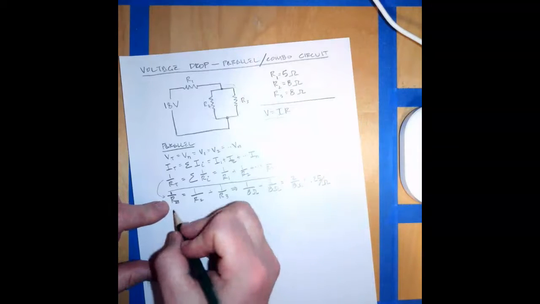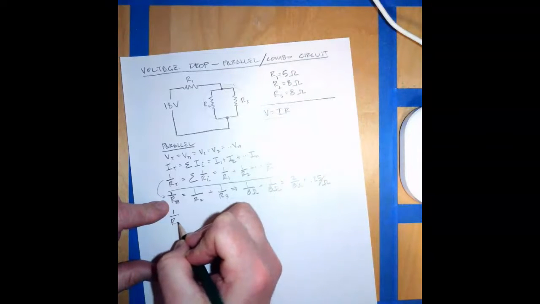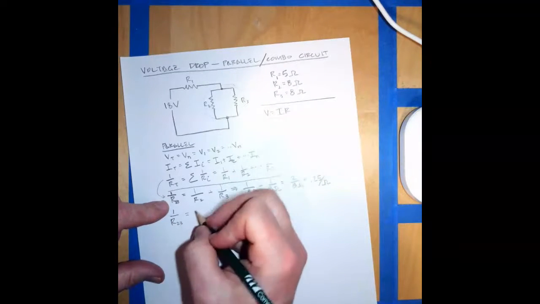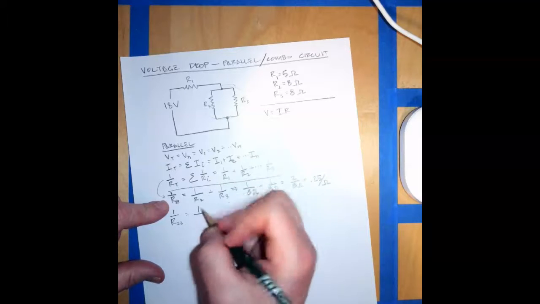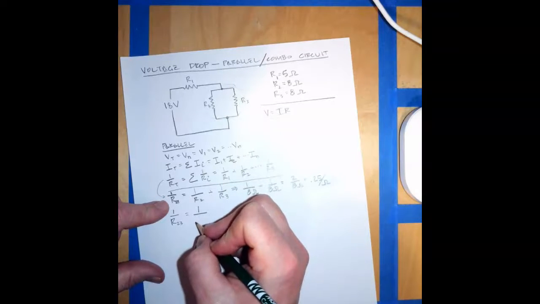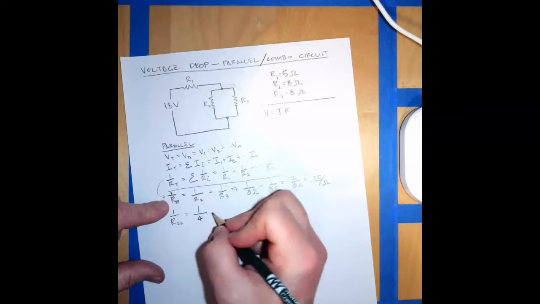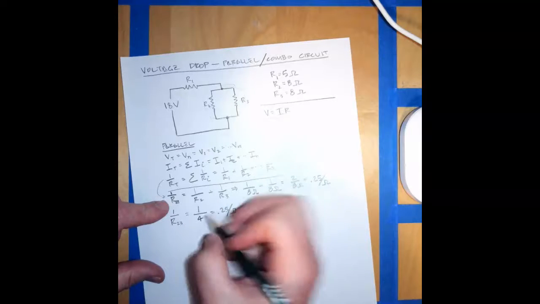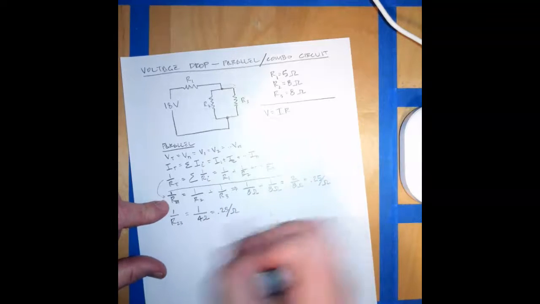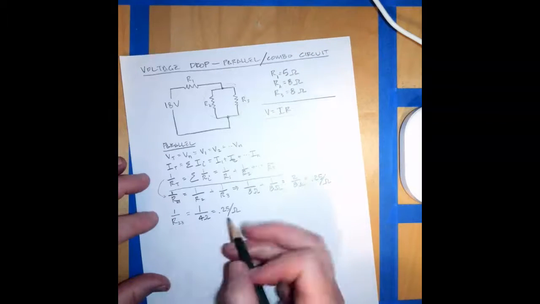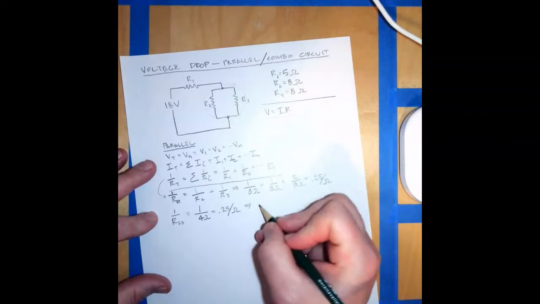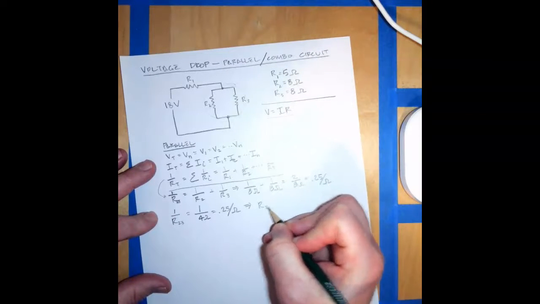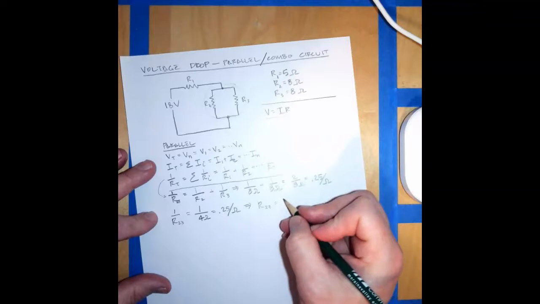And 1 over R23 is equal to 1 over 4, which is equal to 0.25 over ohms. Just to write this out so you can see it in different forms. And so therefore, R23 is equal to 4 ohms.